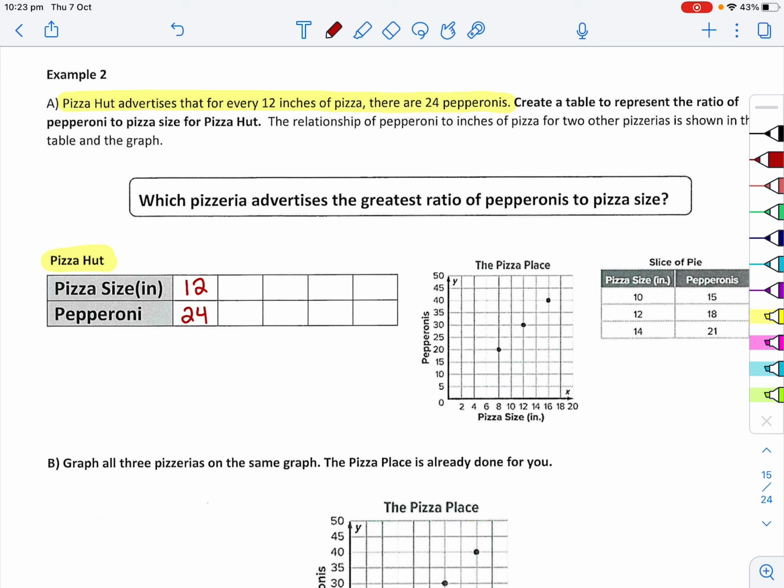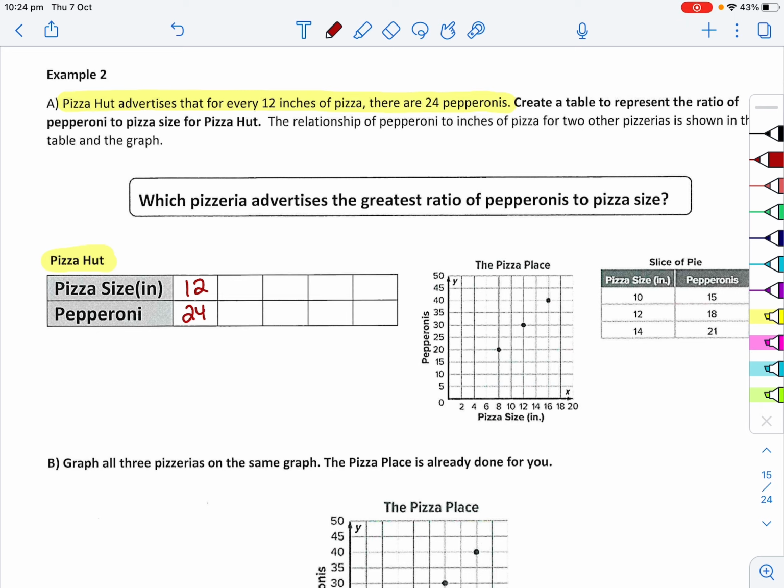And then I'm going to have 24 and 48 and then 36 and 72 and 48 and... I'm actually going to change this one. And I've got 12 and 24.